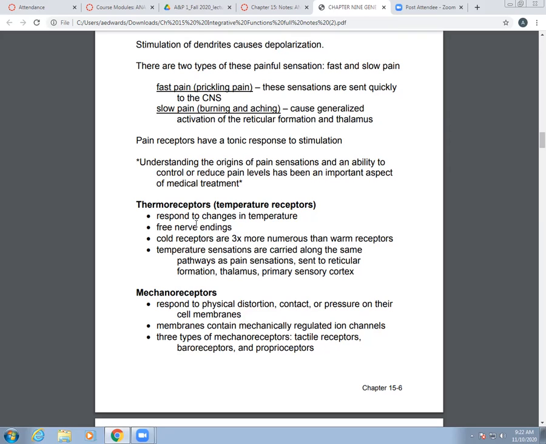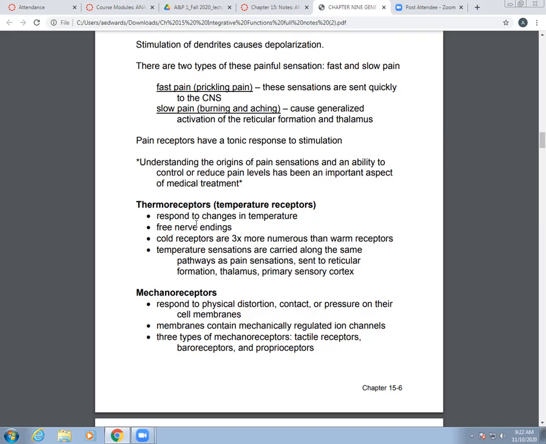Okay. So temperature sensations are going to be carried on the same pathway where you find your pain sensation. Okay, and they're going to be sent to, again, the reticular formation in the thalamus, but also they're going to be sent to the primary sensory cortex.